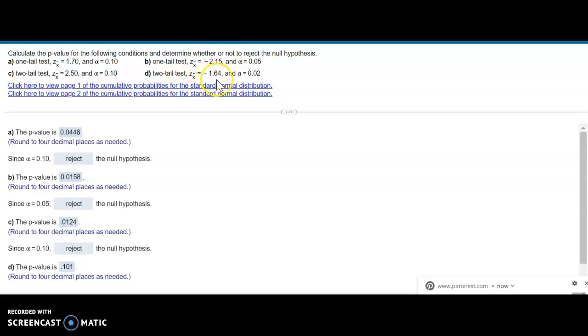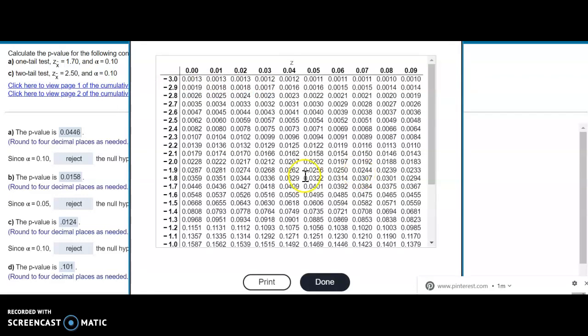For part D, you have a two-tail test where your test statistic is -1.64 and alpha is 0.02. So we're going to look up negative 1.64 on the table. 0.0505.